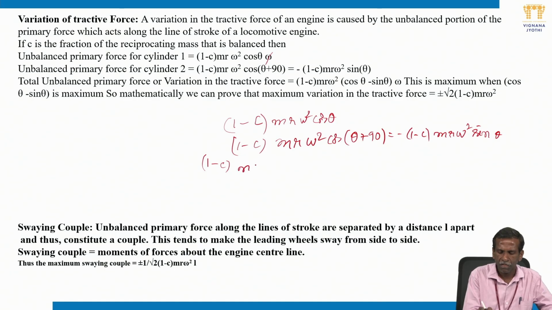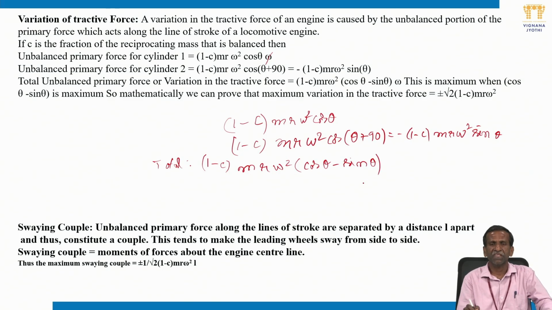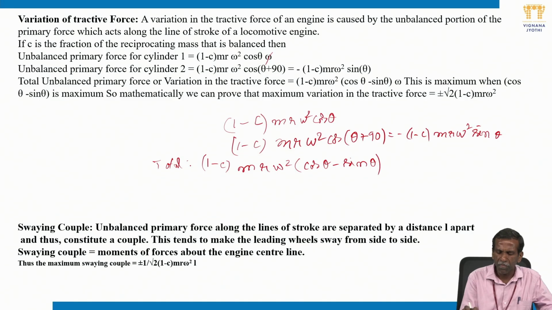So this is the total tractive effort: the force (1 minus c) m r omega square into cos theta, and the second one is (1 minus c) m r omega square into minus sin theta. Then, when is this becoming maximum? Obviously, mathematically, the cos theta minus sin theta term in the brackets should become maximum.